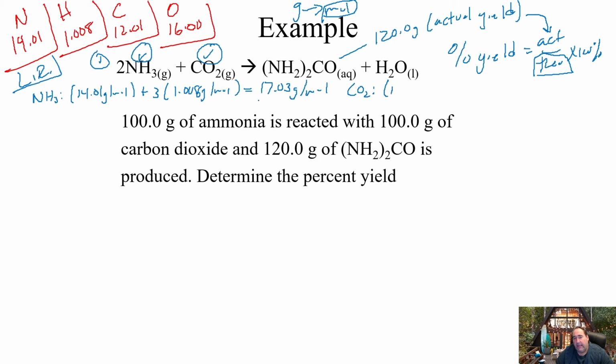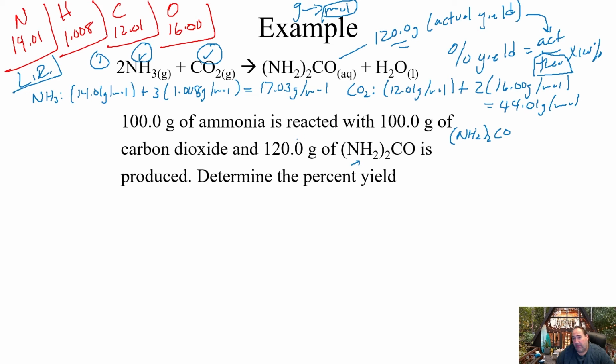So that's going to be 12.01 for the carbon, plus 2 times 16 for the oxygens, going to give us 44.01. And by the way, since our theoretical yield is in grams, we're probably going to need the molar mass of this guy as well. So while we're calculating, why not just do them all?